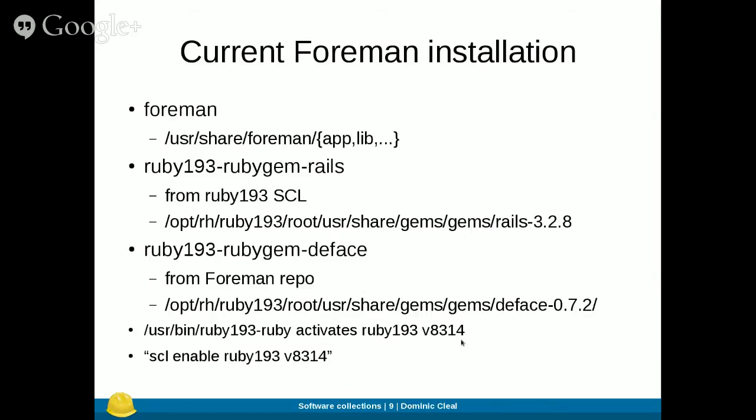And that way, Ruby, Rails, and all of the dependencies we've shipped under /opt are used instead of the stock Ruby version. You can do this from a command line as well with scl enable ruby193 v8314. So that's how it is today.